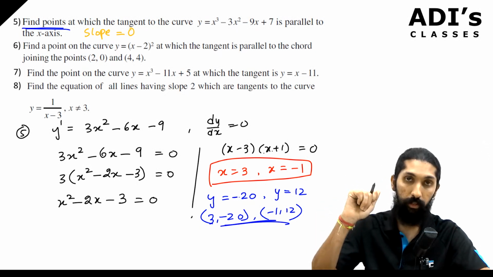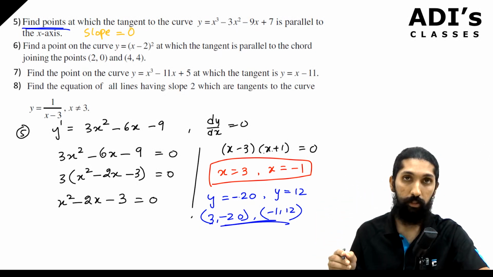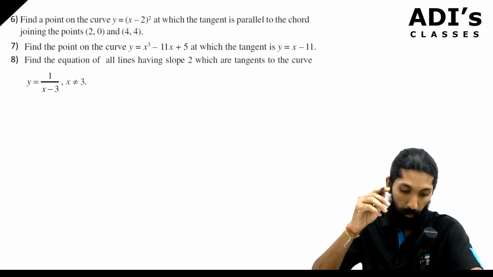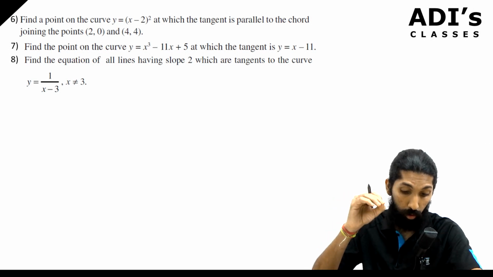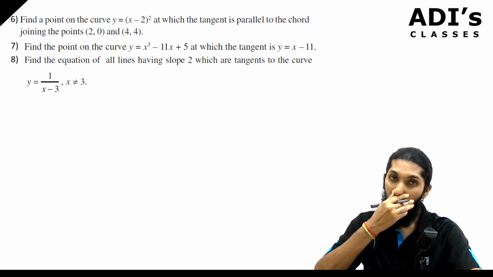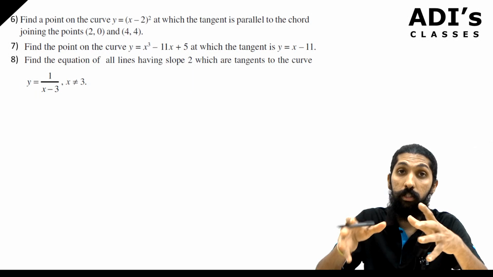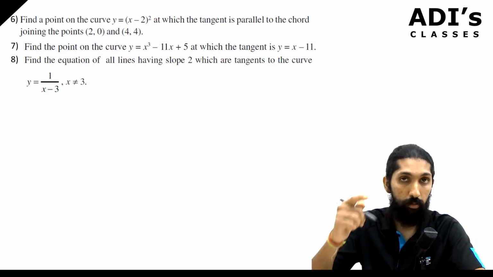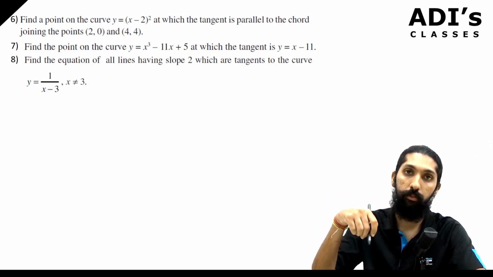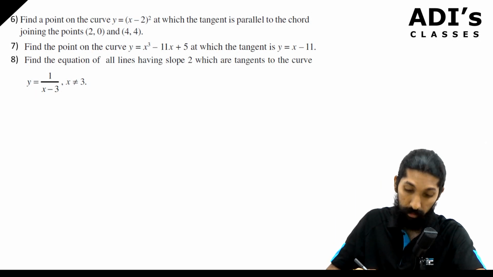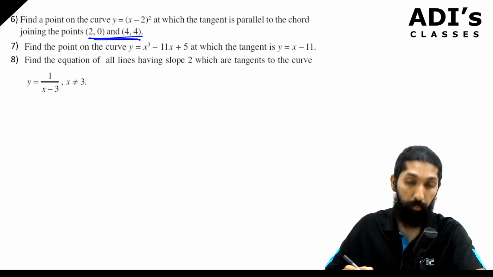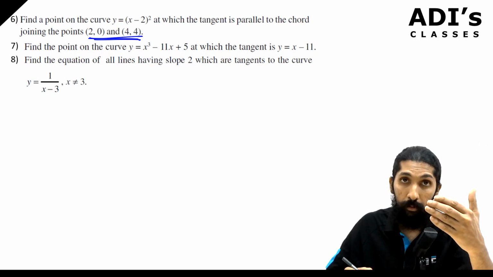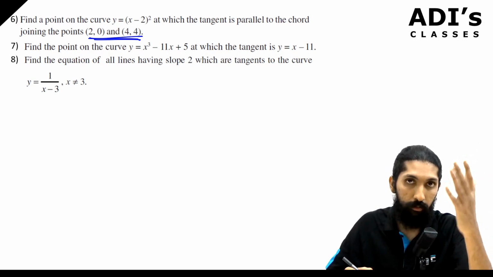Fine. Now let's do the sixth question. Find a point on the curve at which the tangent is parallel to the chord joining these 2 points. Now you don't need the entire equation. You just need the slope of the line, because you know that parallel lines have the same slope, right? So first thing we'll do, we'll calculate the slope between these 2 points. Let's call it M1.